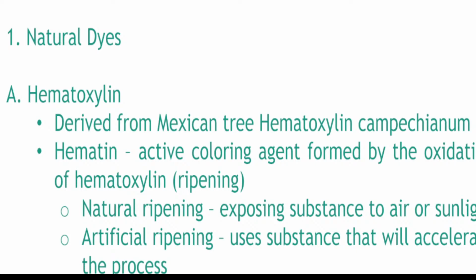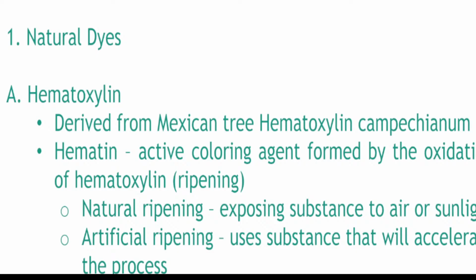The natural ripening process is exposing the bark of the tree to direct sunlight and then purifying what's left of the bark. Okay, we also have artificial ripening where we use hydrogen peroxide, mercuric oxide, potassium permanganate, sodium perborate and sodium iodate.